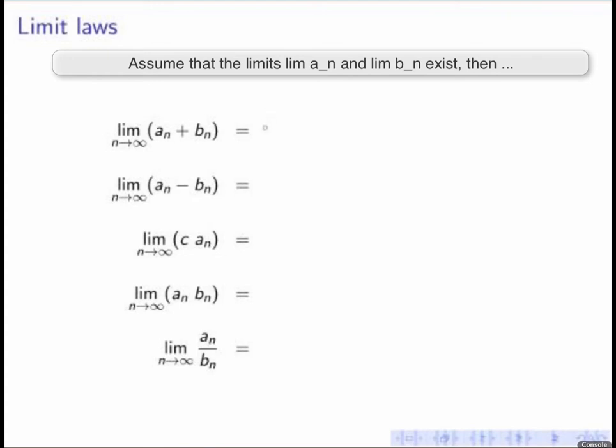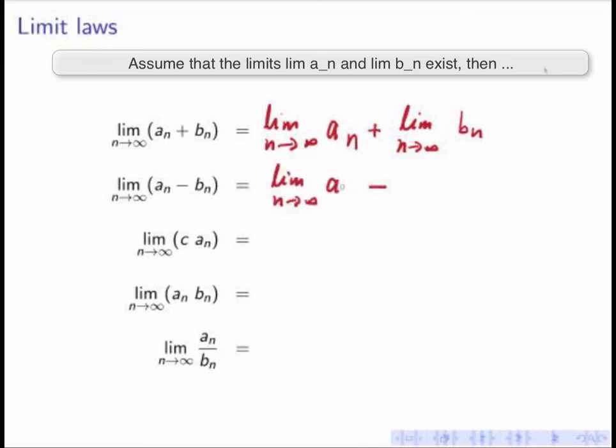You can do all kind of computations, manipulations with a limit. So for example, if you have a sum of two sequences, so the limit of the combined sequence a_n plus b_n is the sum of the limit as n goes to infinity of a_n plus the limit as n goes to infinity of b_n. Similar for the difference. If you have a difference of two sequences, then the limit is the difference of the limits.